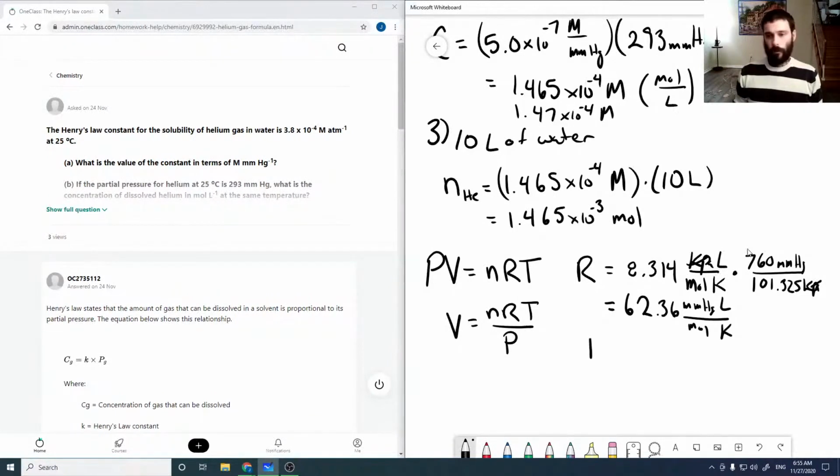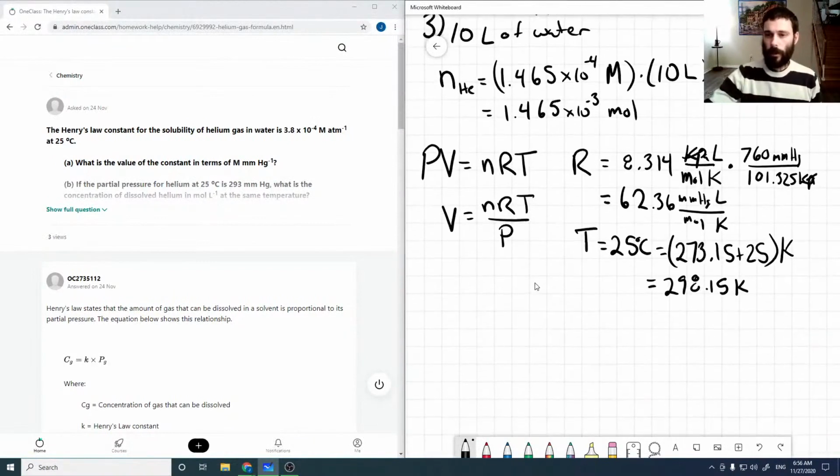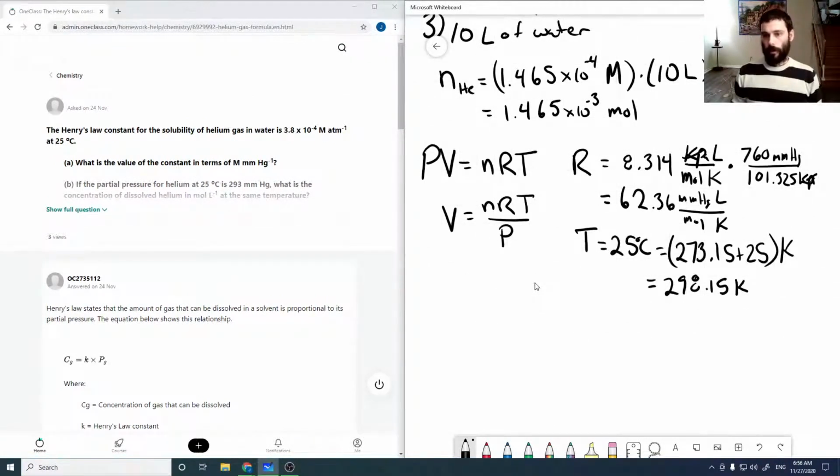Our temperature is given in the question as 25 degrees Celsius, which we have to convert again. That's 273.15 plus 25 Kelvin, which equals 298.15 Kelvin. So there's our temperature, our R, we have our N, and we're given that our pressure is 293 millimeters mercury.